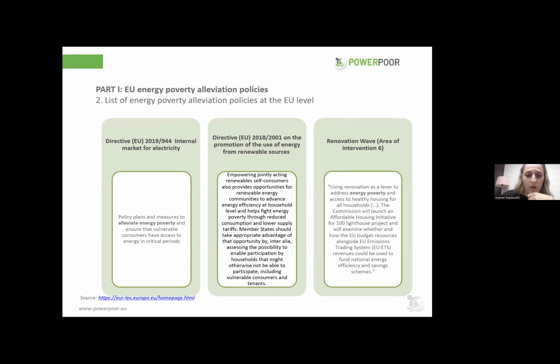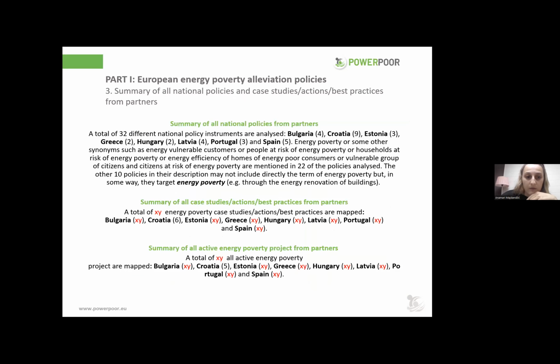Most of them for now mention energy poverty, which is not the case in national policies, but still we need to implement it. And this is the overview of the 8 pilot countries, from when we did the baseline assessment in 2020, showing what is in each country. For example, Bulgaria has 4 policies that mention at least a vulnerable customer or energy poor household.